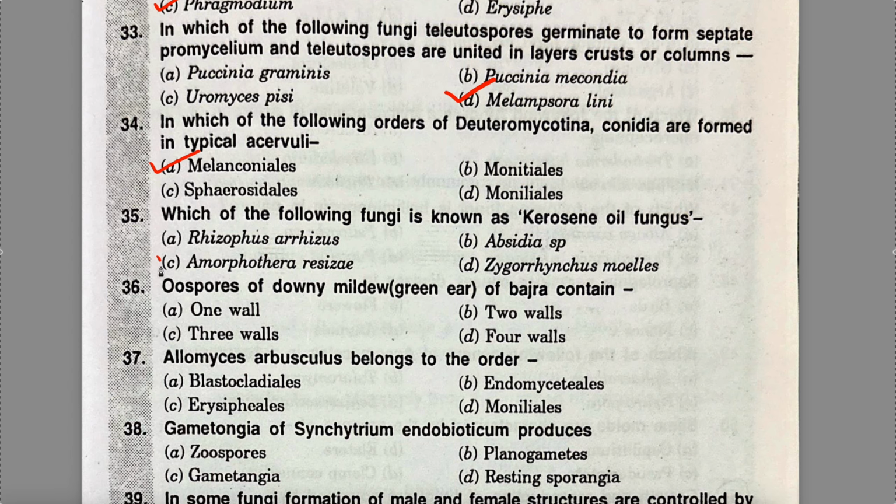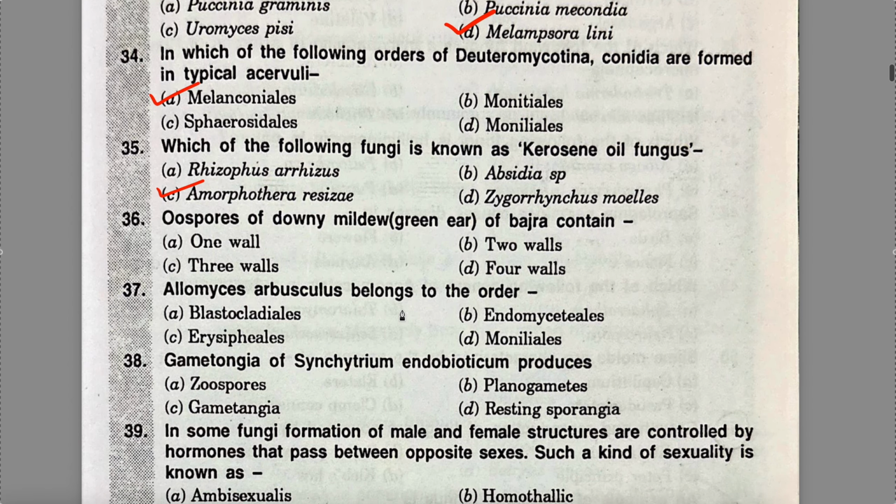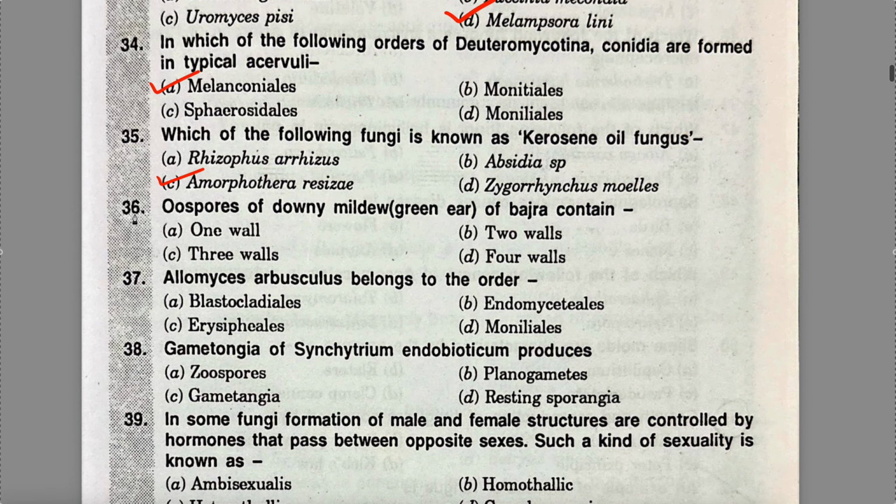It's option C. As far as I remember, we had the exact same question in yesterday's questions. 36. Oospores of downy mildew of bajra contain 1 wall, 2 walls, 3 walls or 4 walls? Answer is 3 walls.